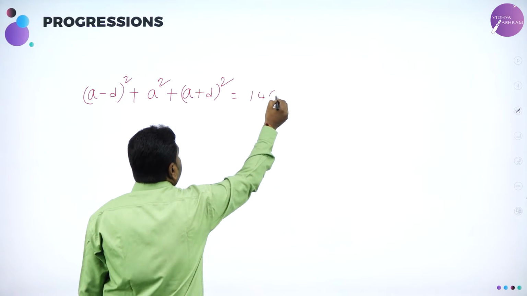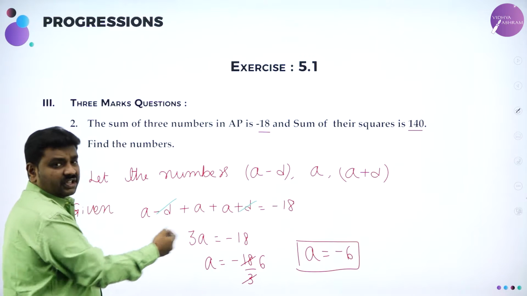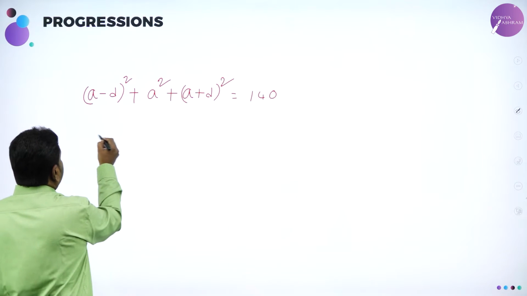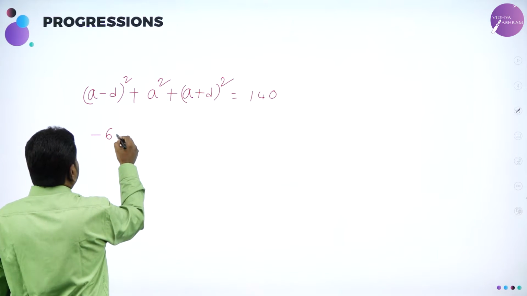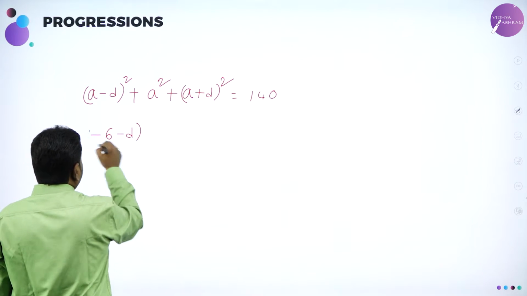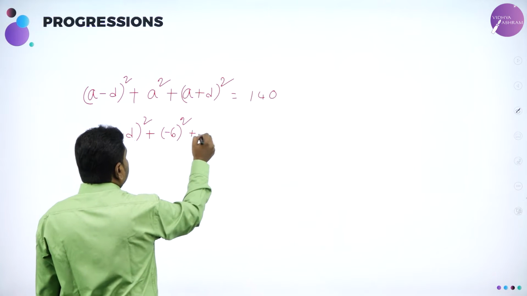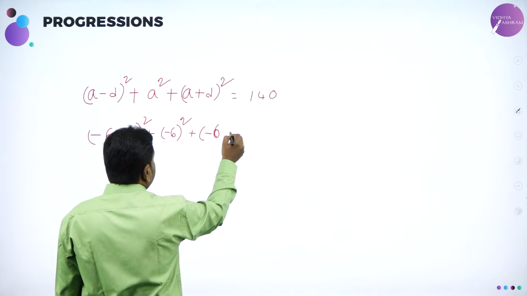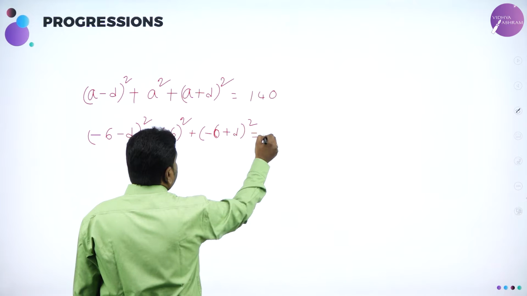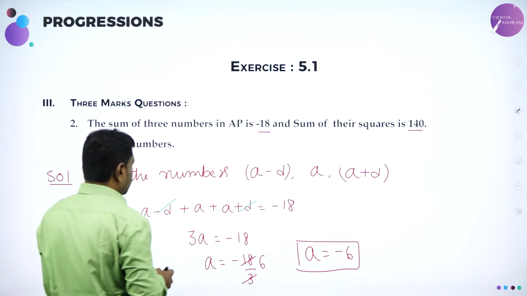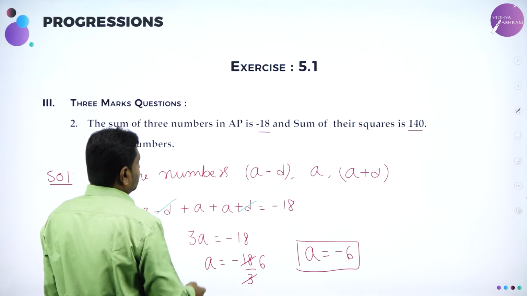This is given, I have written. And you know the A value. What is A? Minus 6. Put it. So now I'll write minus 6 minus D whole square plus minus 6 whole square plus minus 6 plus D whole square is 140. So now when I substituted, I got the values.